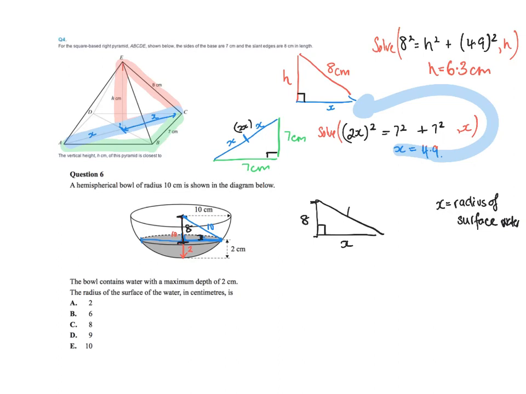I've got it right, and I know that's 10. So we can use Pythagoras, can't we? Yeah? So we can say 10 squared equals 8 squared plus X squared, and we're going to solve, comma X. We got X equals 6 centimeters, which is answer B.